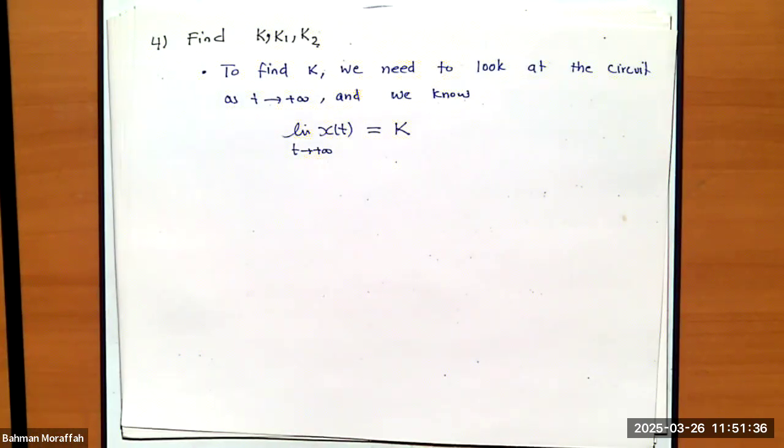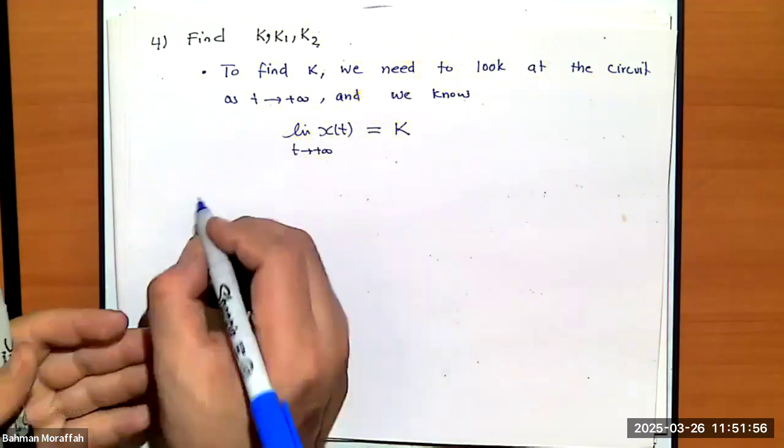But what is happening at time infinity? We know we're in a steady state condition, right? So if we're in a steady state condition, what does it mean that we have a capacitor or an inductor? It's open circuit or short circuit.